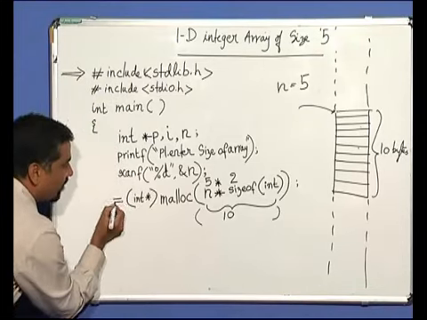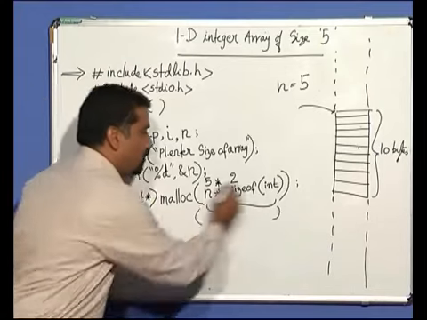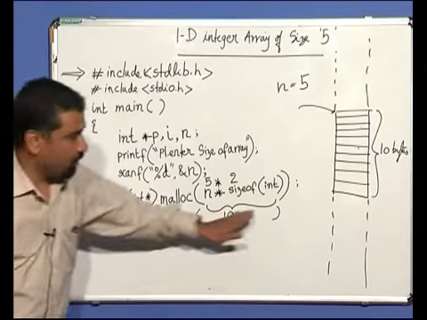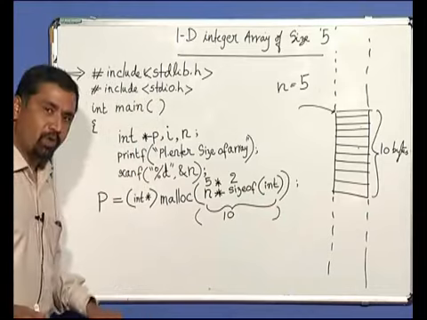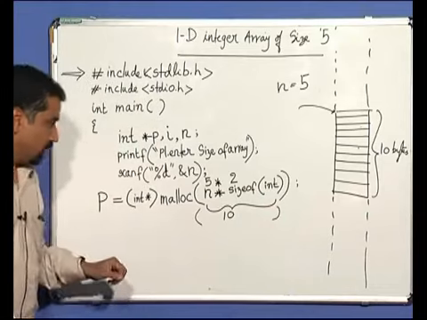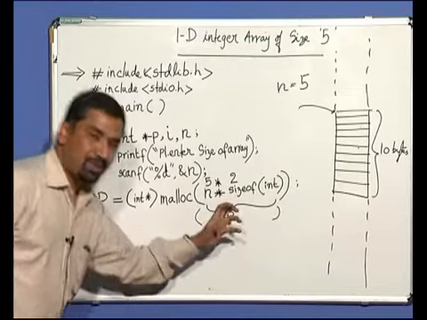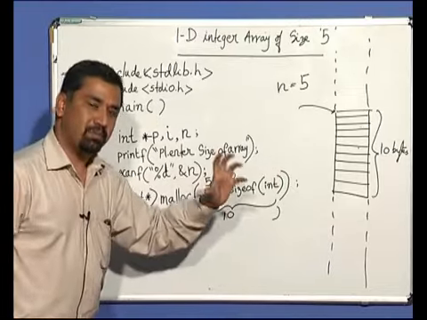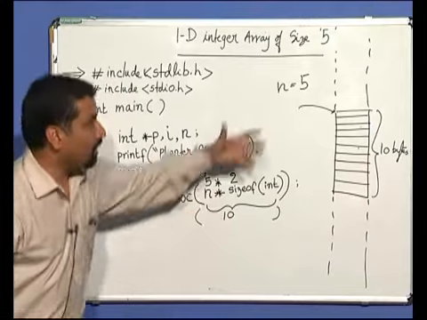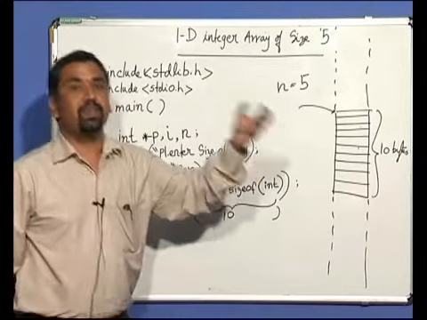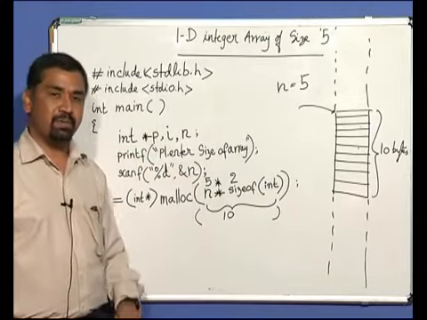This has to be assigned to, so in total the statement is going to look like this, but I hope you are able to follow the order. Malloc function is there. For that argument we need to somehow calculate the correct number of bytes that you require depending on the purpose for which the block of memory is going to be used.